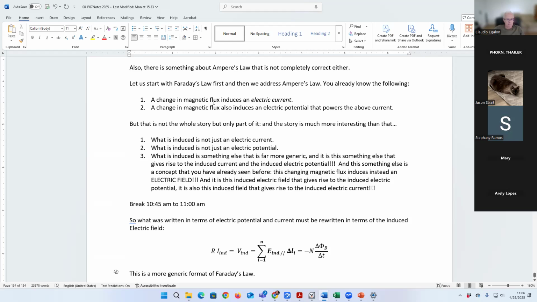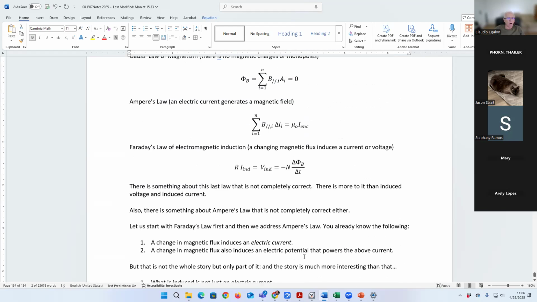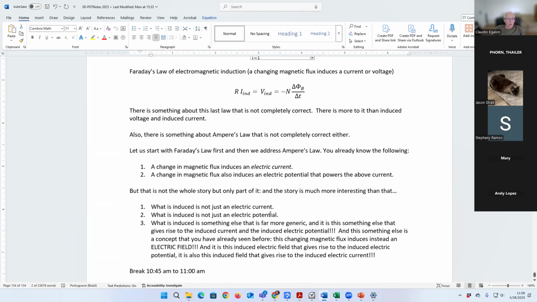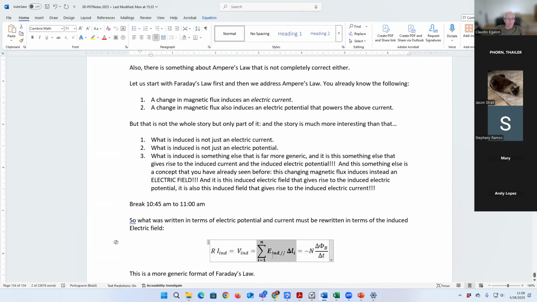Okay? Note that what you see here is kind of similar to what you have seen before for the magnetic field, right? You have a loop, an imaginary loop in space, but instead of a magnetic field, you're going to have an electric field, an induced electric field. What is on the right side?